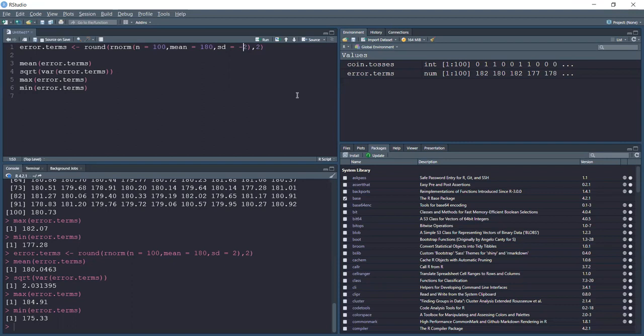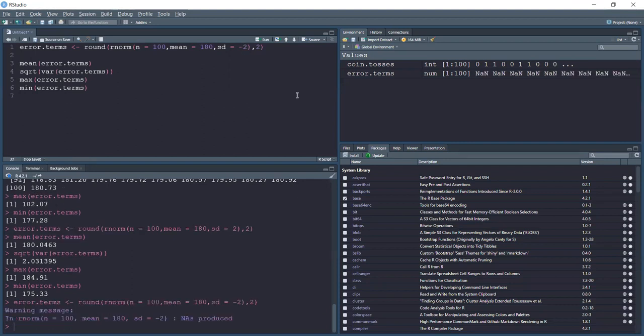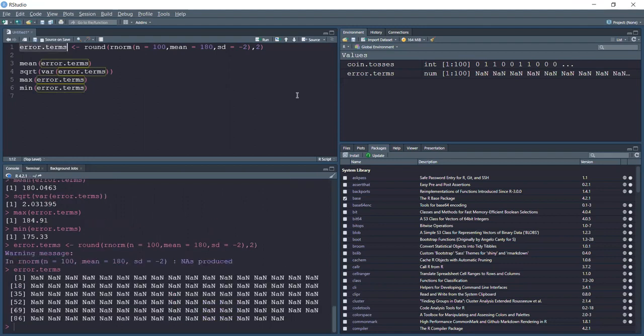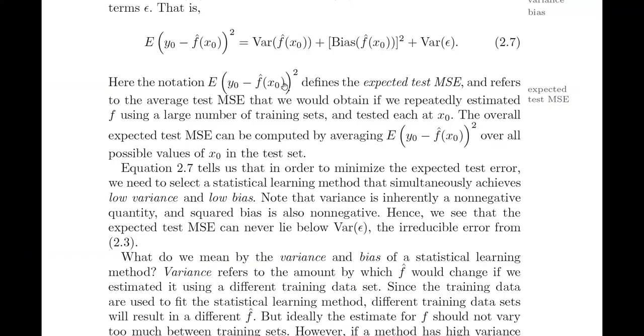Although maybe for standard deviation, yeah, it didn't work, in fact. Look, we just got NAs because it can't handle a negative variance. Variance is always positive. Variance is inherently a non-negative quantity.